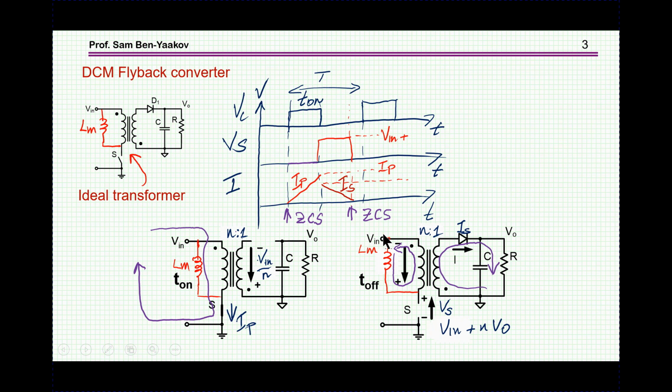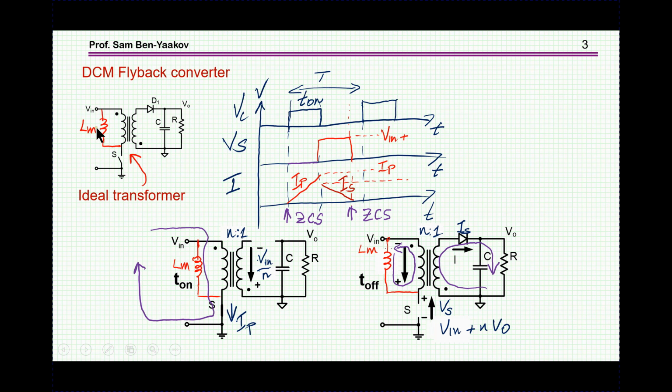Let me now go into a little bit more detail about the DCM flyback converter, because we will need all these waveforms later on to understand the active clamp. So here we have the flyback, and now I'm representing it as an inductance, LM, and an ideal transformer. This ideal transformer is transparent to power.